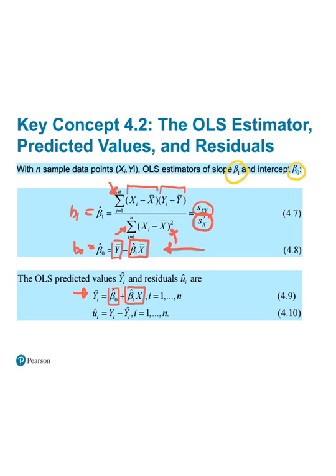Now, we talked about our regression error term in prior slides. Here, our error term is going to be estimated. So we're going to have our observed value of y, that's yi, and we're going to subtract from it the estimated value of y. Now you might ask, why are we estimating the value of y?